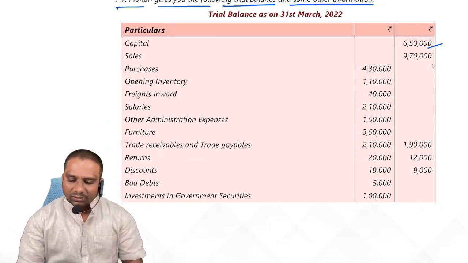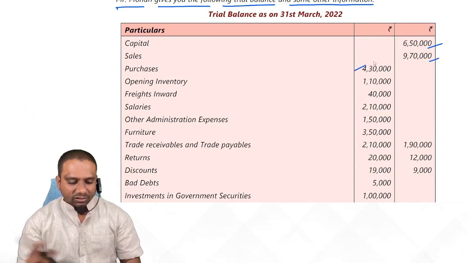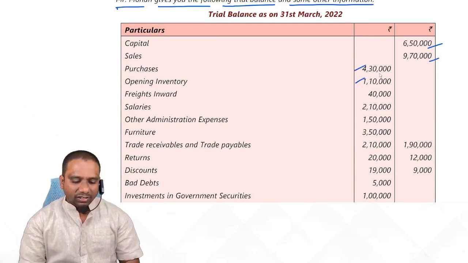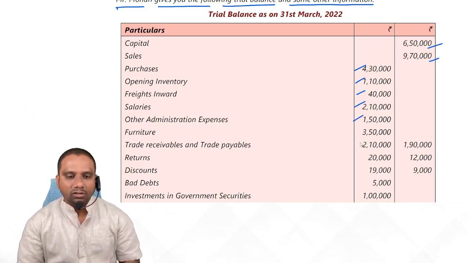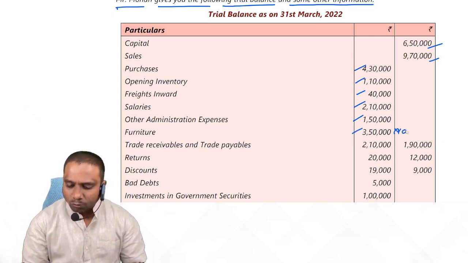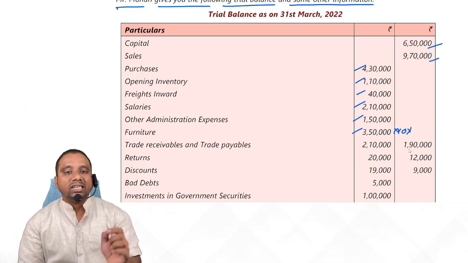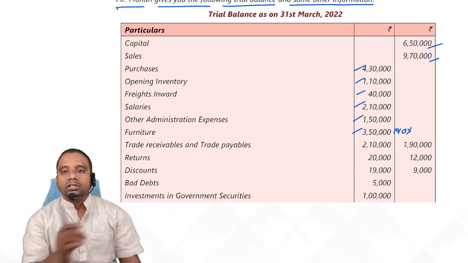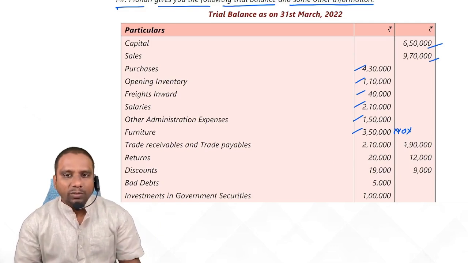Capital, liability. Sales, trading account credit. Purchases, debit. Opening inventory, debit to trading account. Freight inward, trading account debit. Salaries, P&L account debit. Other administrative expenses, P&L account debit. Furniture, asset. Now see, on furniture we have to provide 10% depreciation, 35,000 rupees, and don't forget to show this 35,000 rupees on the P&L account debit side.